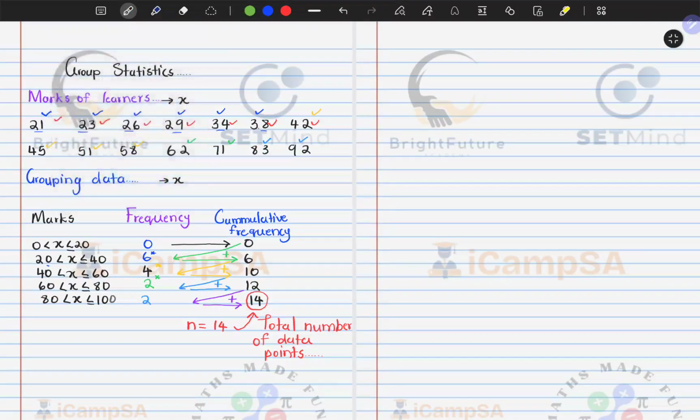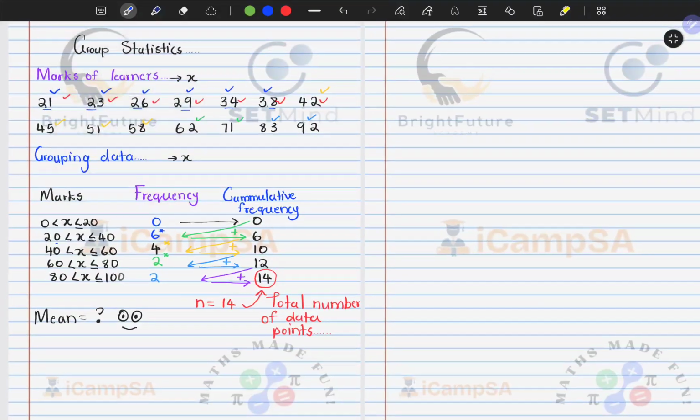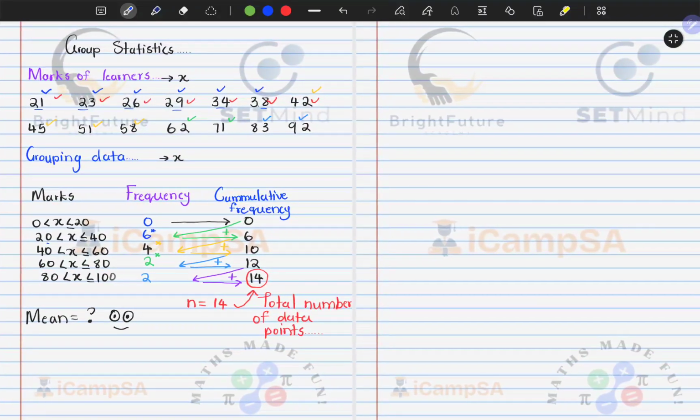So when we now have our group data, the question that I want us to answer is, how do we find the mean? And this is very interesting. How do we find the mean? And the answer to this, guys, is it depends on the frequency. We need n, the frequency, and the midpoint.